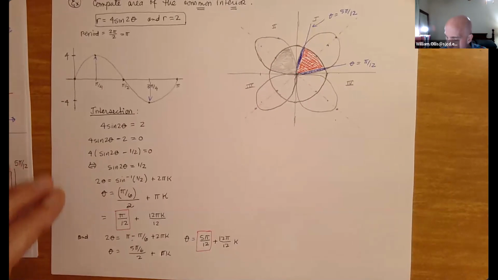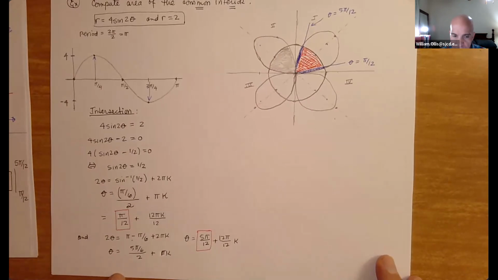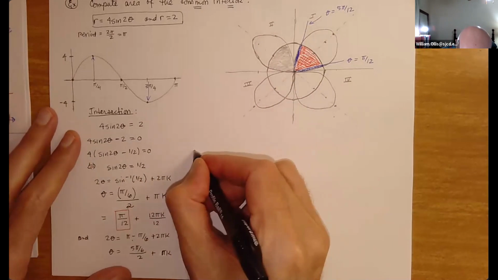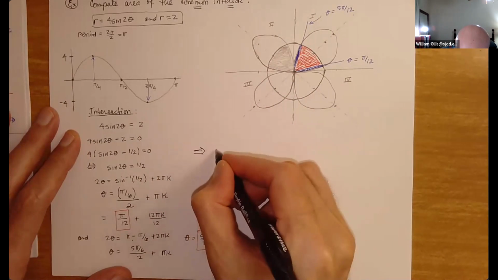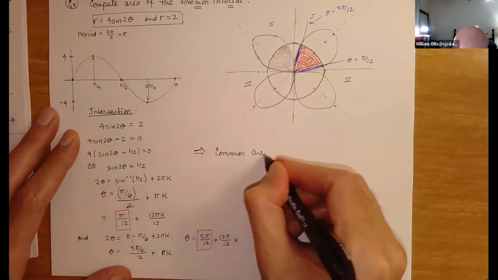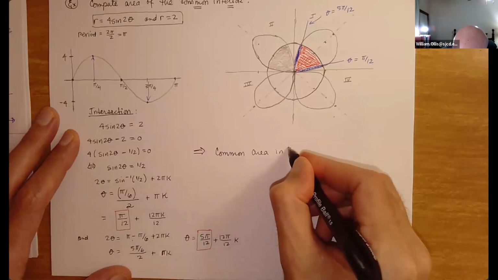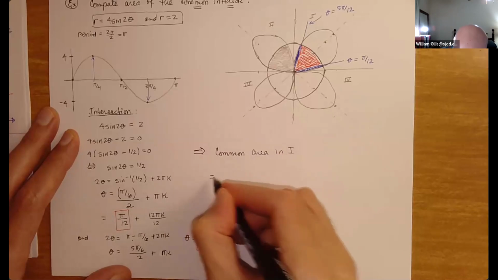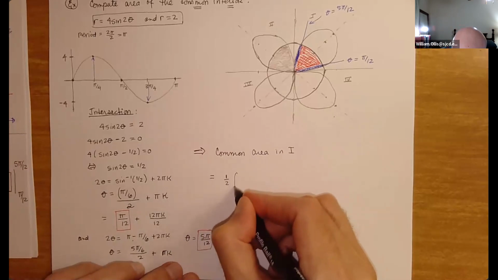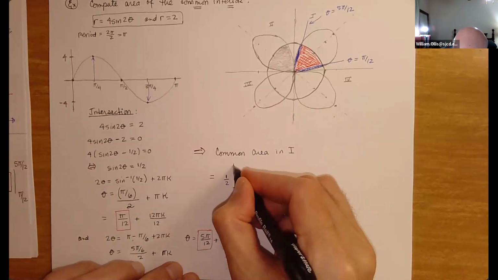Okay, so the key here with this problem is the analysis. It can be a little bit more difficult, but it's certainly doable, just a lot of pre-calculus. So now what does this imply? Now we'll just say common area, we'll keep it simple. Common area in quadrant 1 will be, well, we've got 1/2 integral from 0 to pi over 12.